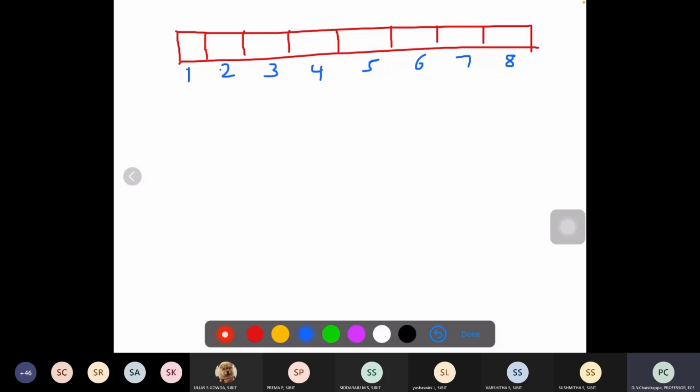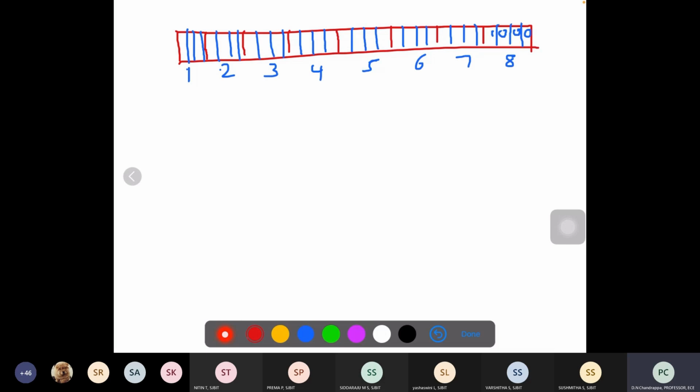So I'll write the data from the lower bits: 8, 7, 6, 5, 4, 3, 2, 1. But you should convert it into binary numbers, 8 binary digits each.